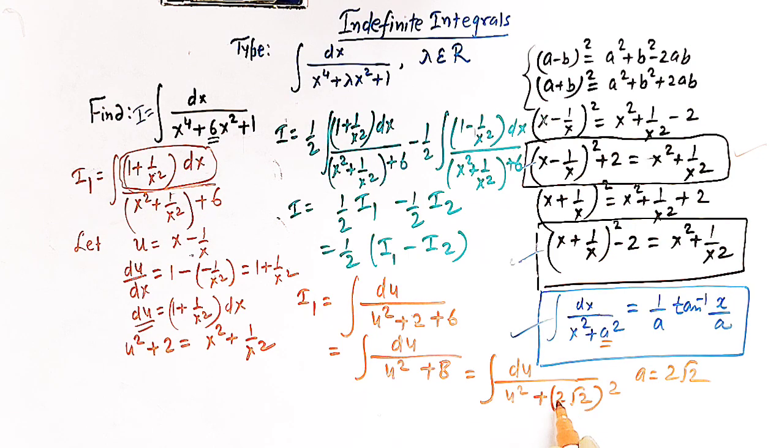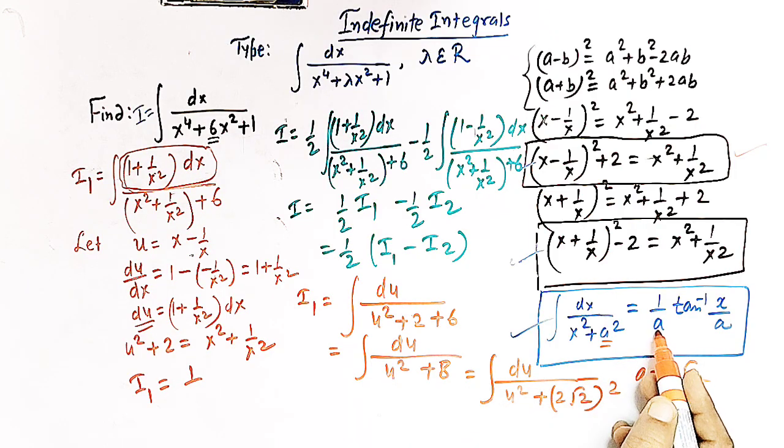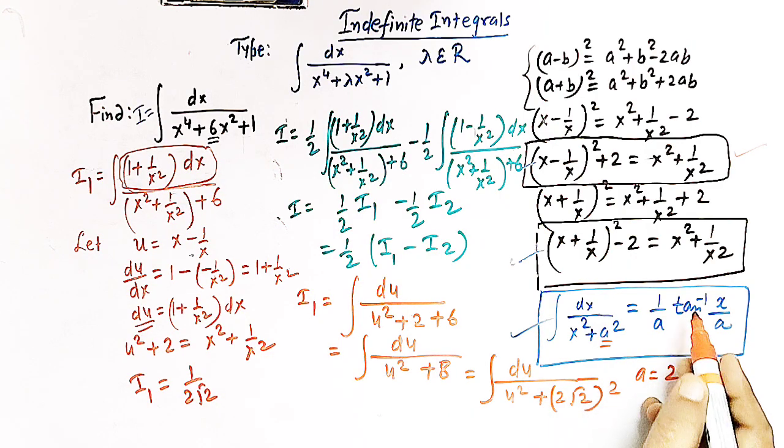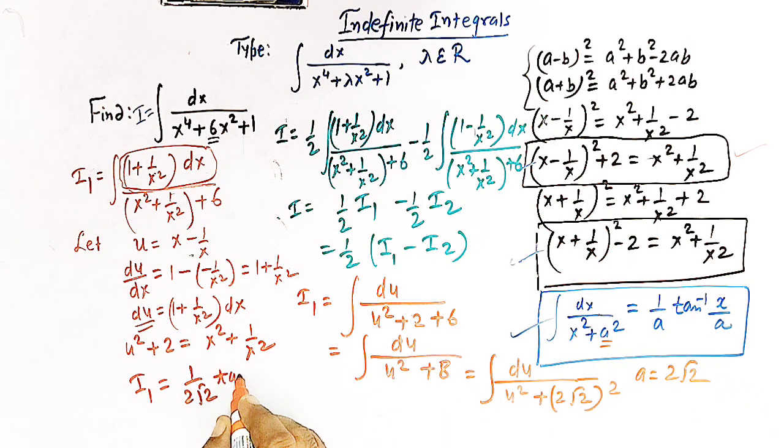So the value of I1 is now equal to 1 over a, a is 2 root 2, and here we have tan inverse x over a. For x we have u, and for a we have 2 root 2.